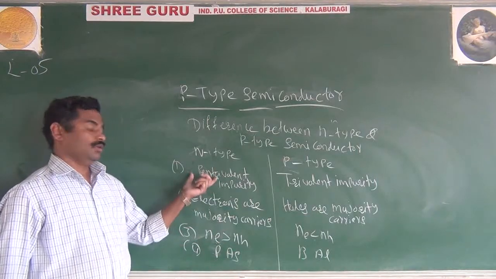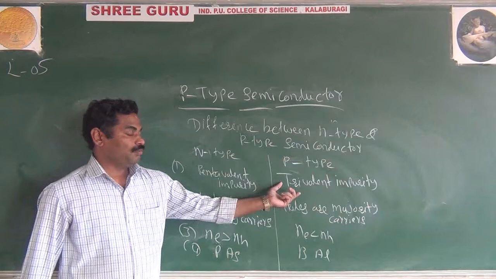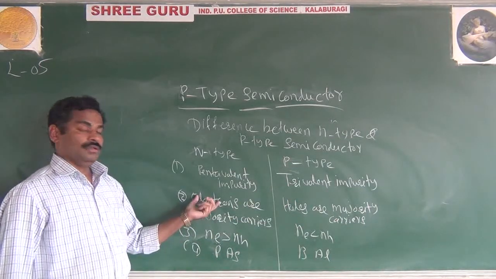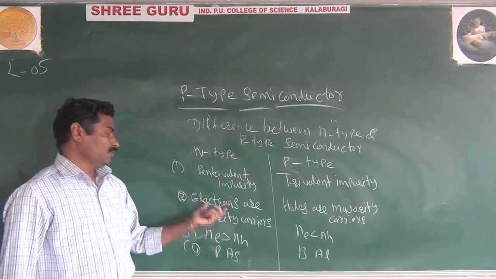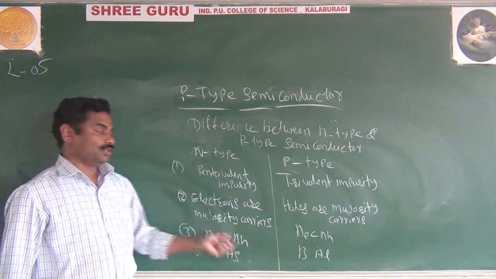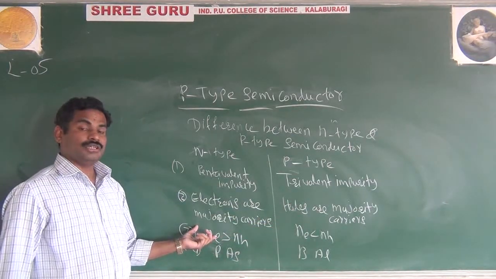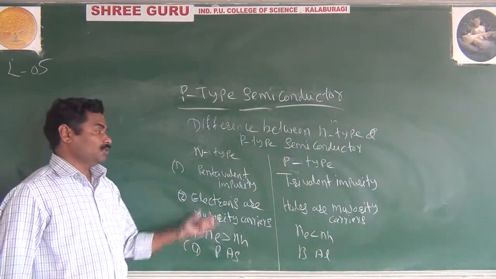It means in N-type semiconductor we are adding the pentavalent impurities, and in the P-type semiconductor we are adding the trivalent impurities. And important thing here, the electrons are majority carriers, and here the holes are majority carriers, and here the holes are minority carriers, and here the electrons are minority carriers. And also electron density is very high here, and here hole density is very high.